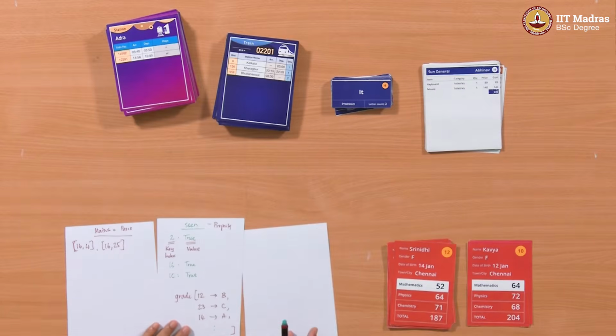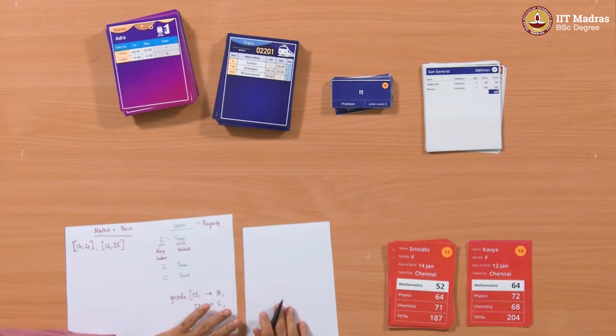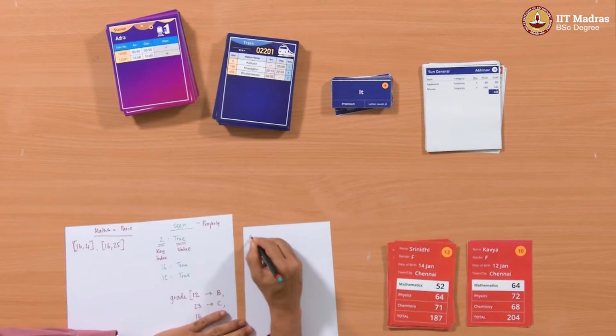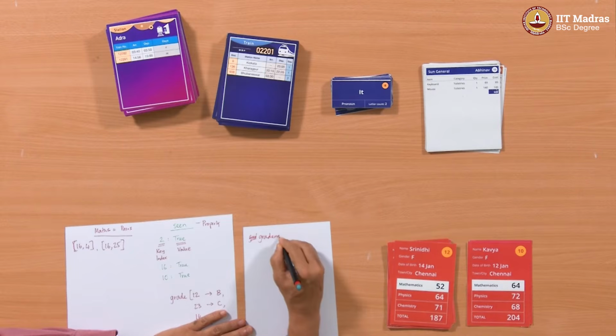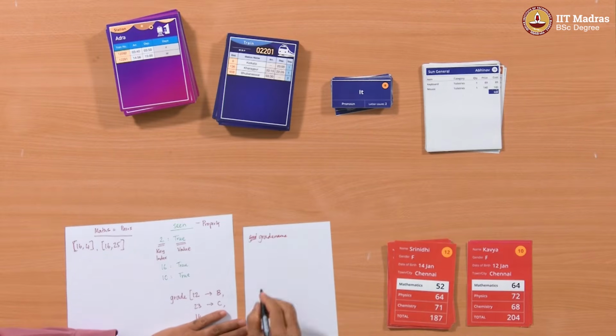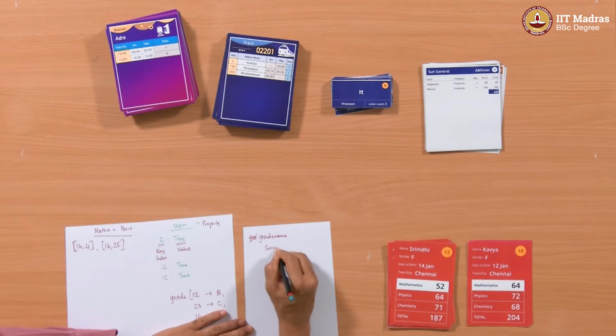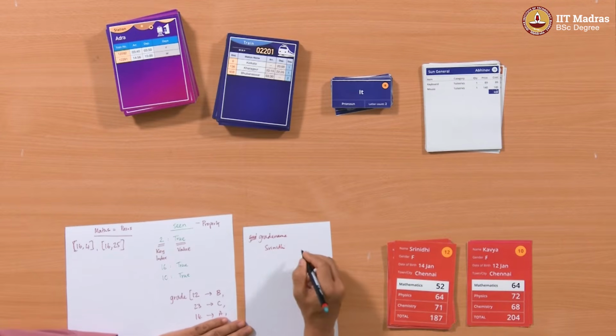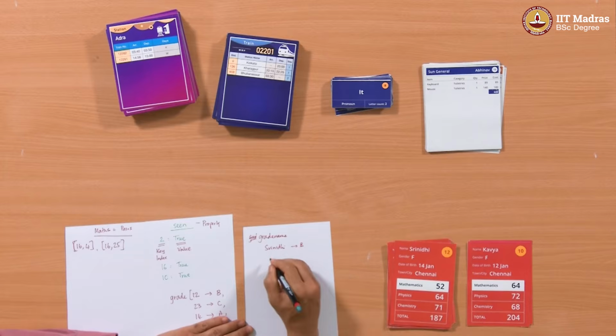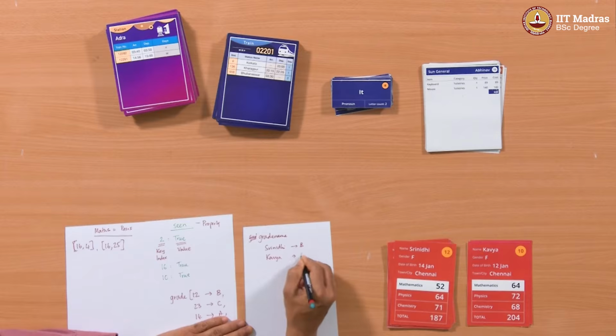Yes, we could have a grade by name. Right? And so, here we could say that instead of saying card number 12, we could say Srinidhi got a B and Kavya got something else, maybe also got a B and so on.